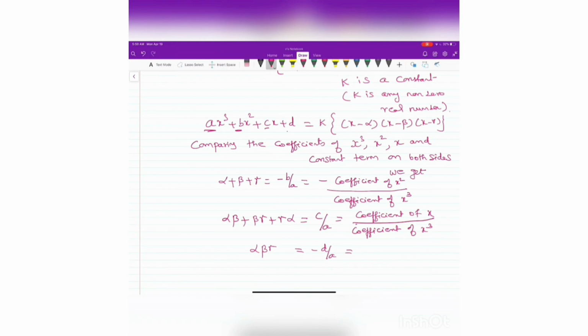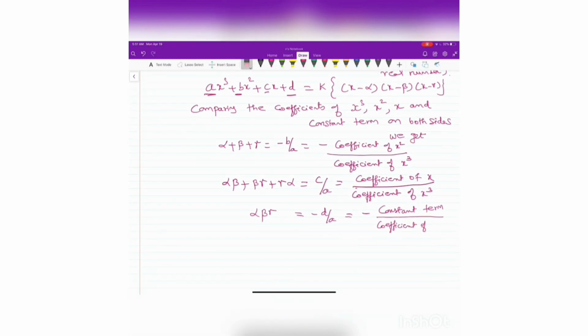D is nothing but the constant term. So, minus constant term by coefficient of x cube.